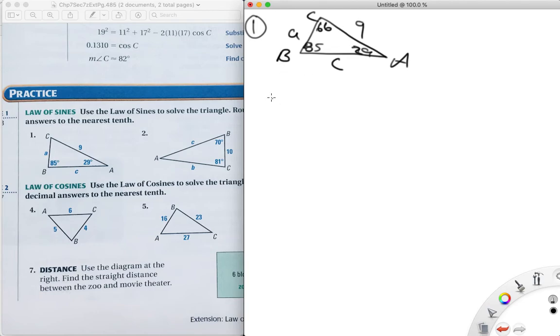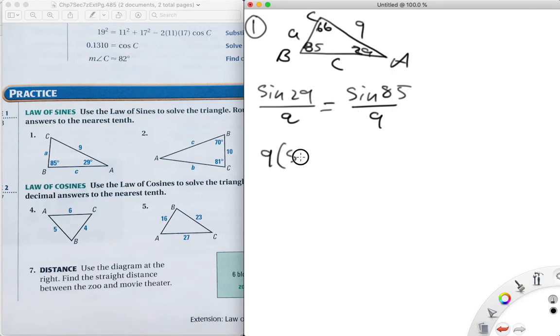So I can say sine of 29 over A is equal to sine of 85 over 9. Okay. Multiply both sides by 9. Multiply both sides by A, and I get 9 sine of 29 equals A sine of 85.